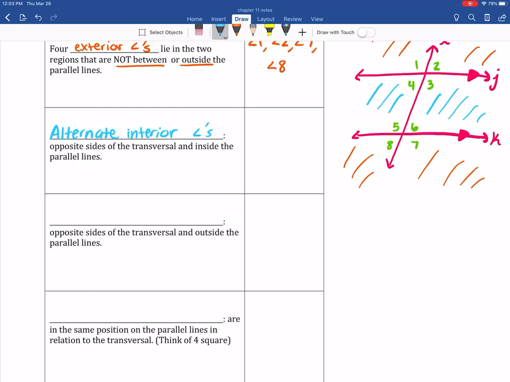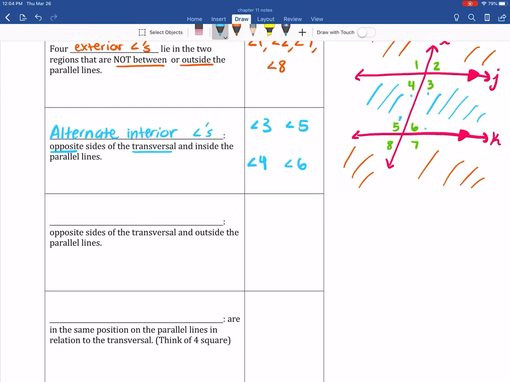Okay, so I know that by the word interior, I'm looking at 3, 4, 5, or 6 only, and they need to alternate. That means they are on opposite sides of the transversal. So my alternate interior angles would be angle 3 and angle 5, because 3 and 5 are both inside and they alternate sides. I could also say angle 4 and angle 6.